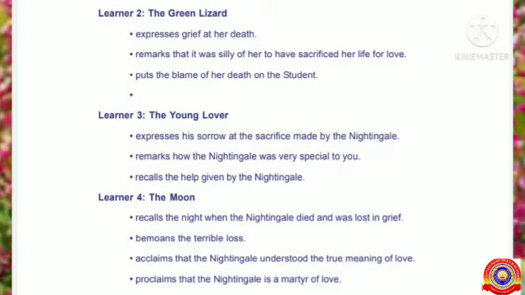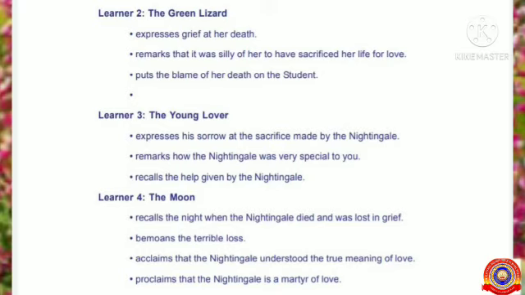Who's the next character? Yes, Learner 3, the young lover. The speech includes points like expresses his sorrow at the sacrifice made by the nightingale, remarks how the nightingale was very special to you, recalls the help given by the nightingale. Then next character, Learner 4, the moon.